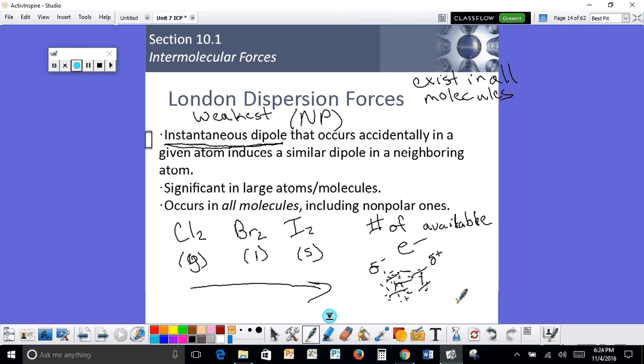That affects another molecule, causing the same thing to happen, and they all line up. So they create this instantaneous dipole due to polarization.